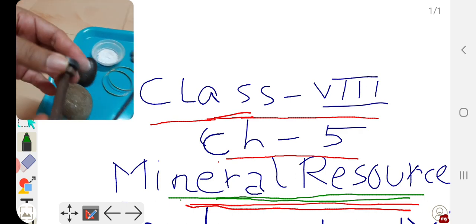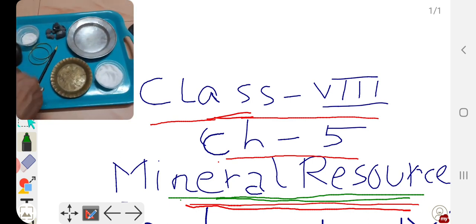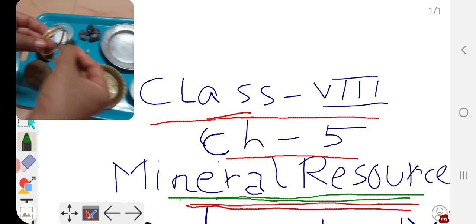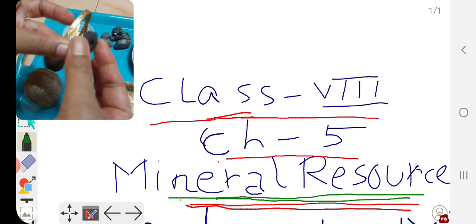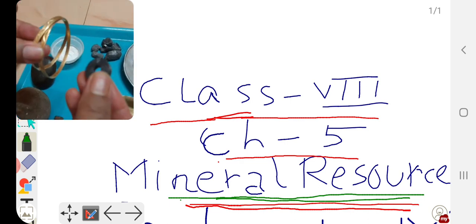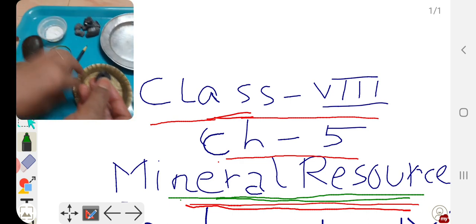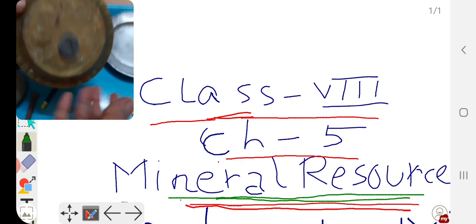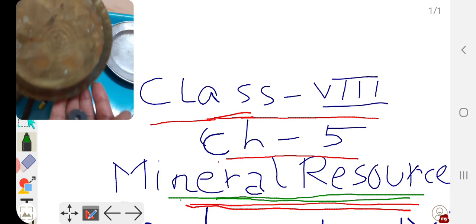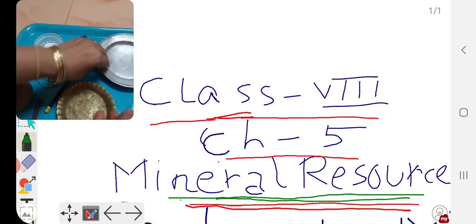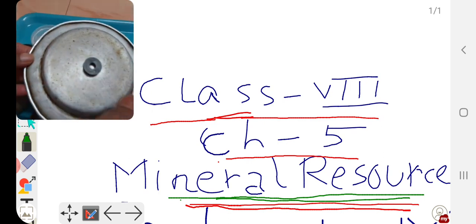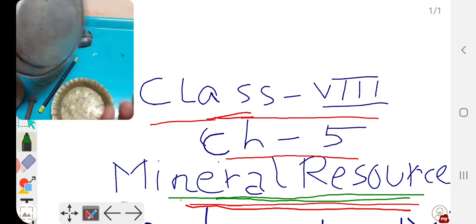Now I am using this magnet with the other metals too. This is gold. You can see there is no attachment. It's just coming out. This is bronze. See, it's falling down. There is no attraction. This is aluminium. Again, you can see there is no attraction.